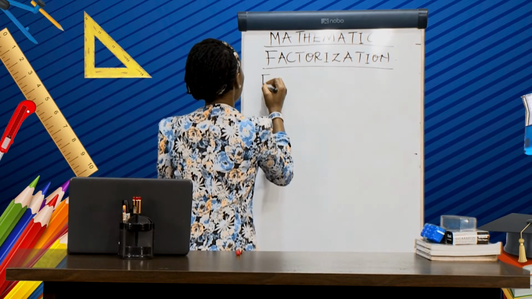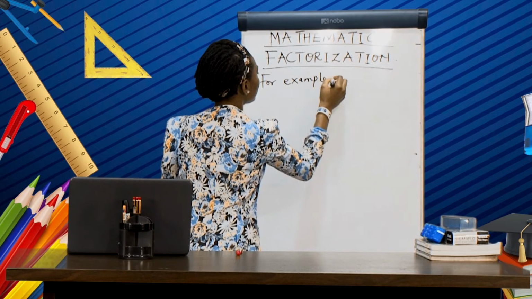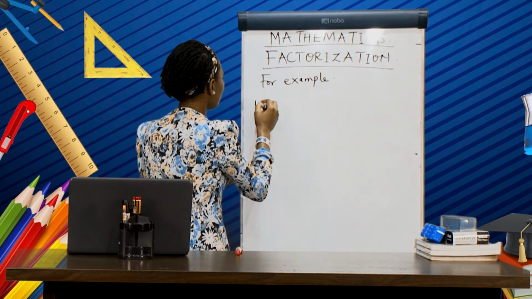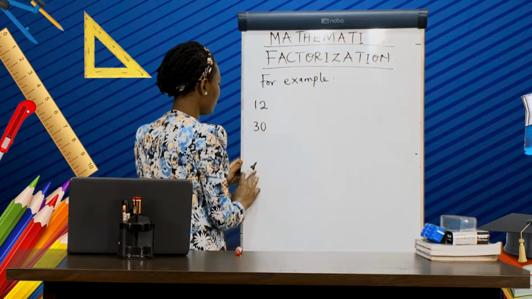Let's consider some of these examples for better understanding. So, for example, let's look at the number 12. Let's look at the number 30.